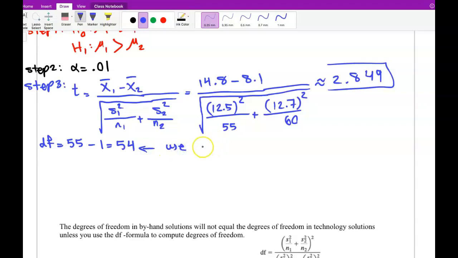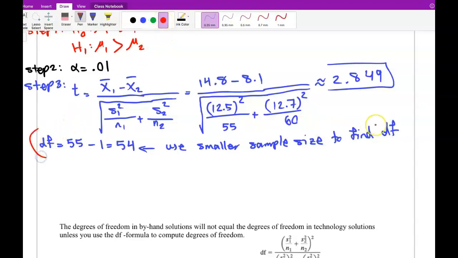Use the smaller sample size to find the degree of freedom.